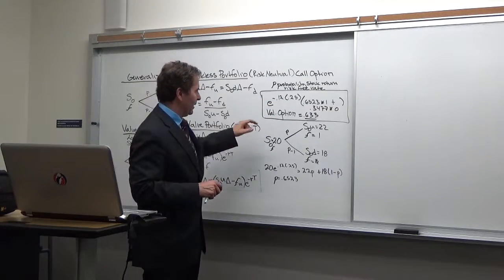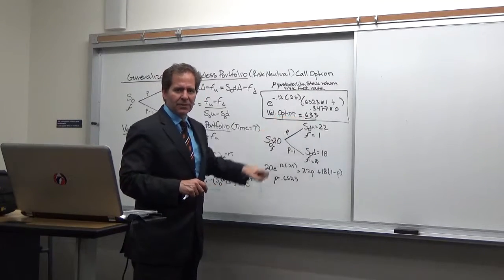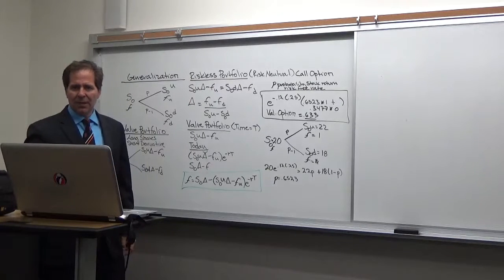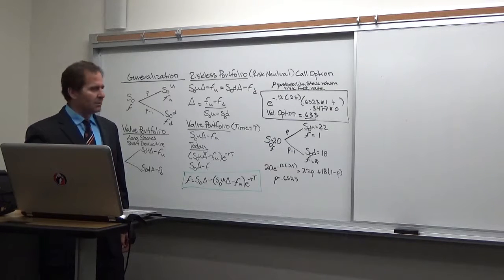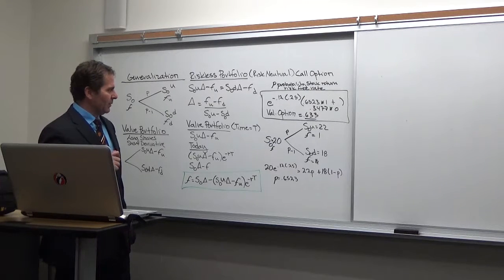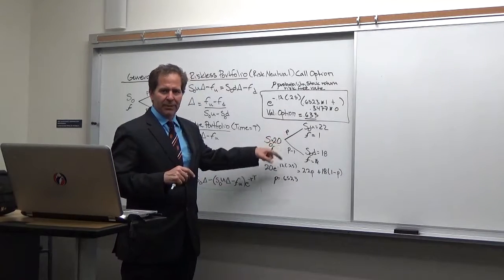That gives us 0.633, which is the value of the call option, and then you can multiply that by the number of contracts. So what you're doing with the binomial trees is calculating the probabilities.